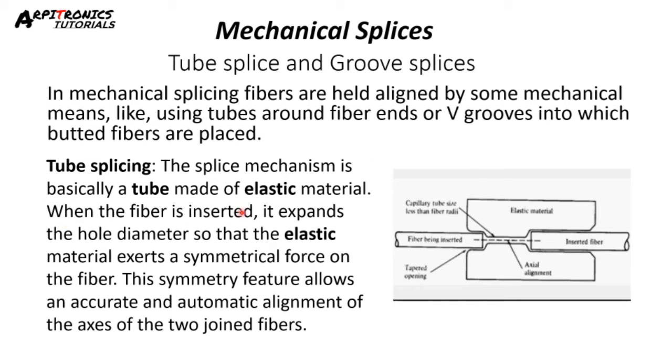When the fiber is inserted, it expands the whole diameter so that the elastic material exerts a symmetrical force on the fiber. This symmetry allows an accurate and automatic alignment of the axes of the two joined fibers. Here this is the elastic material. Two fibers having a larger diameter and a smaller diameter are inserted and pressed. Due to elasticity they become a single fiber.